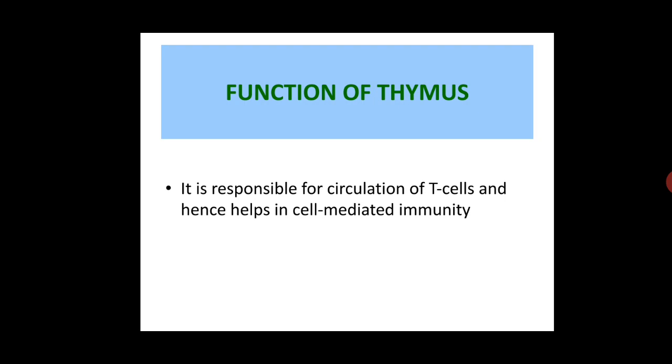T cells having receptors that can recognize antigen with major histocompatibility complex are retained by the thymus while the rest of the T cells die by the process of apoptosis. Those T cells that have self-reactive antigen receptors are also destroyed within the thymus.